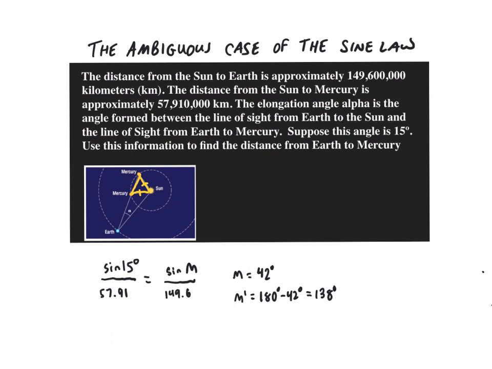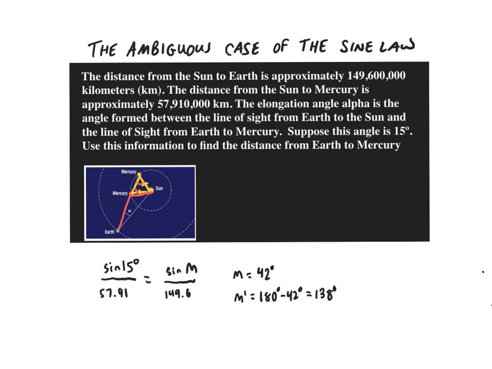And because it's an isosceles triangle, that means not only are those radii congruent, but also these base angles have to be congruent. And the base angle that's closer to the Earth forms a linear pair with the angle between the Earth, Mercury, and the Sun. And because they form a linear pair, the two must be supplementary.